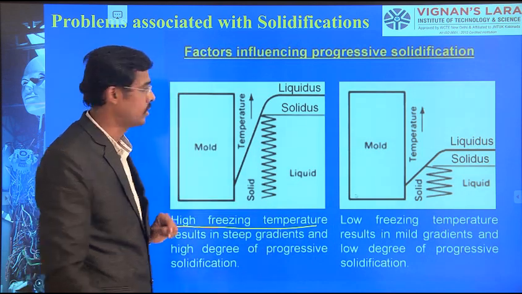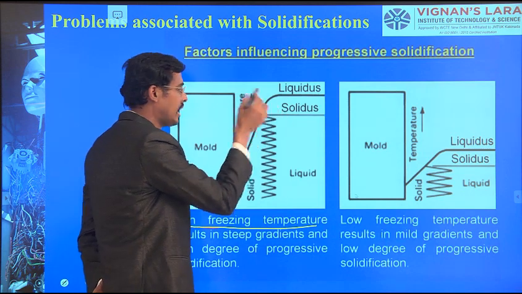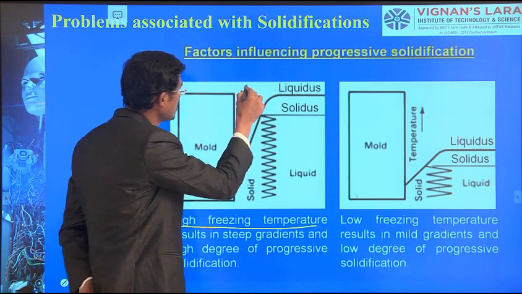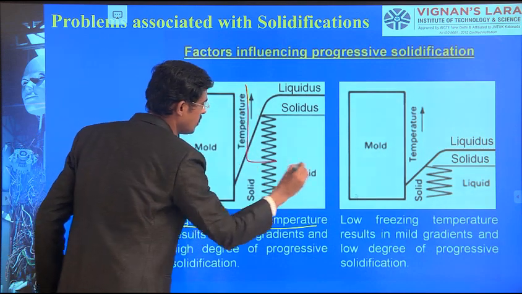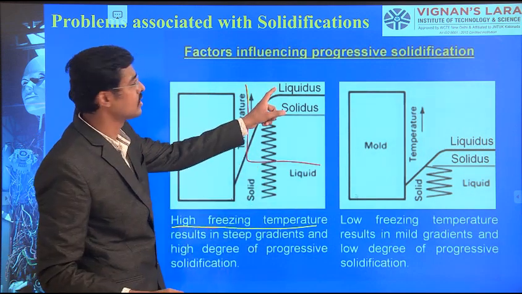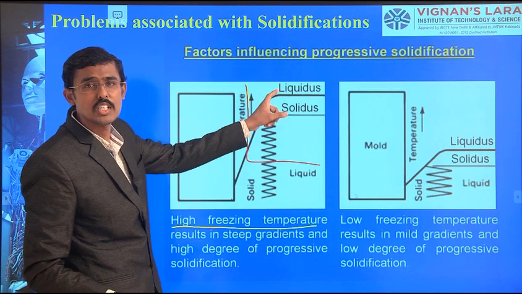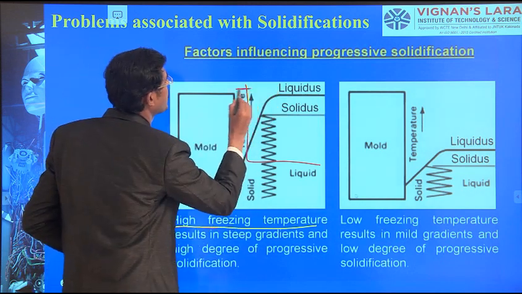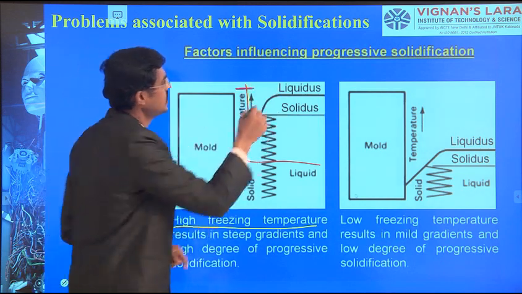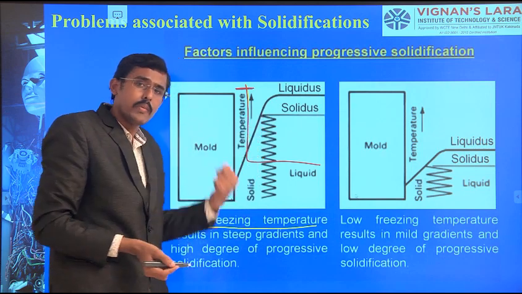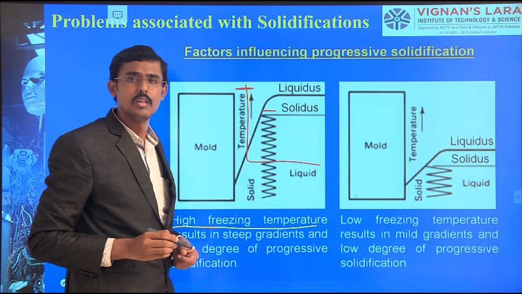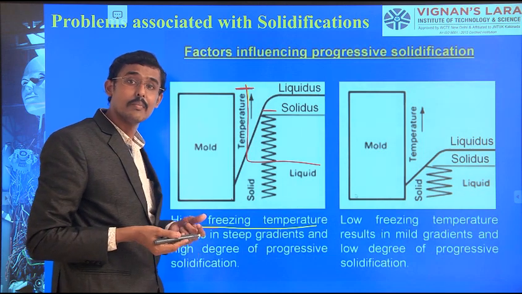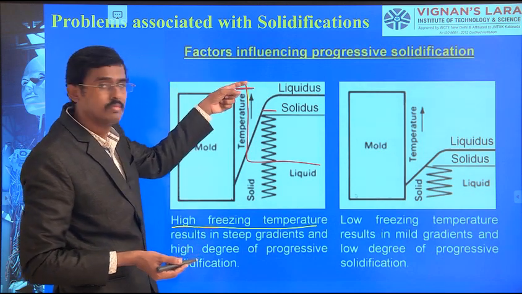Now see the example. Here we have a high freezing temperature. The material's freezing point is kept at a high temperature here. Liquid to solid, this is very steep, as we saw in the previous point also. This freezing range is also very steep, and the temperature gradient is also high.